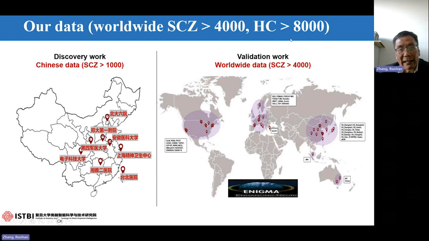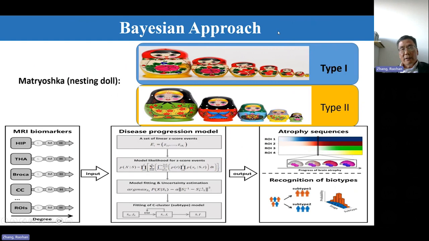We have all these patients and healthy subjects available. The question we ask is not only to compare healthy people and schizophrenia patients. What we try to ask is, can you trace back where's the starting point of your disease, using neuroimaging, the structural data from the scanner? Mathematically it's quite a simple idea.